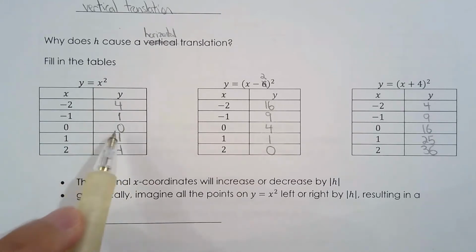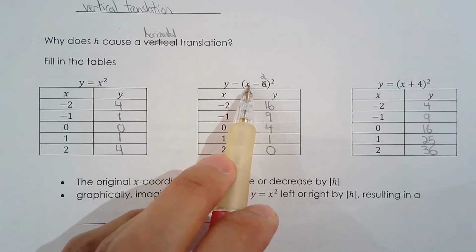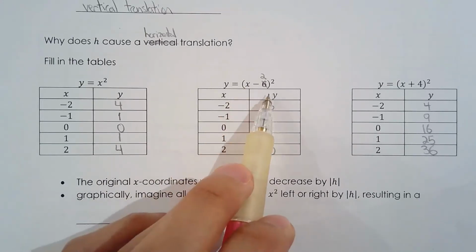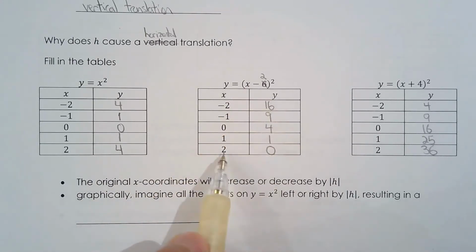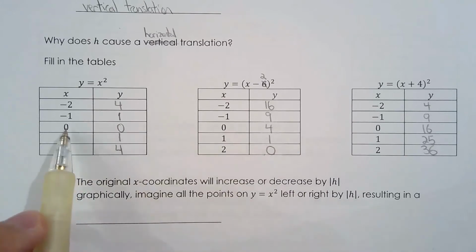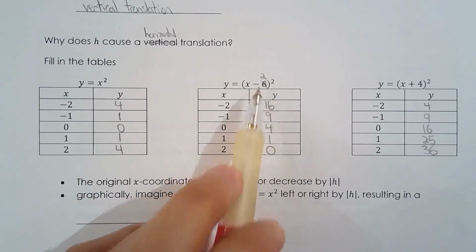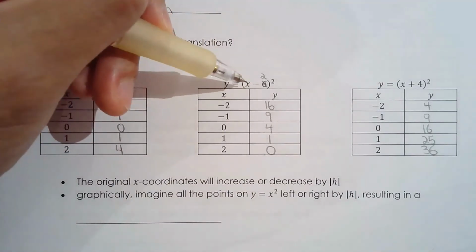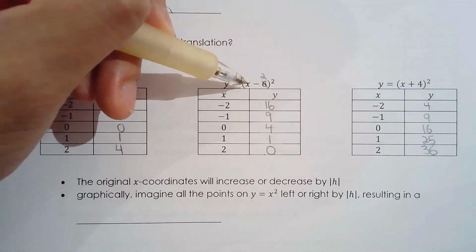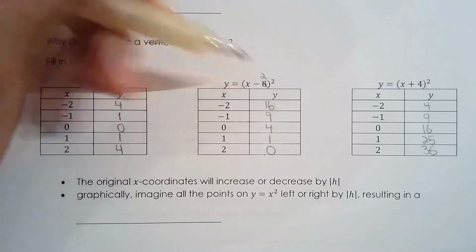If I really want a y value of 0, I can't let x equal 0. In fact, how do I get a y value of 0? Well, if I look at the table, I can get a y value of 0 if I let x equal 2. Wait a minute. For here, I let x equal 0 and I get 0. For here, I need to let x equal 2. In fact, if I want to get the exact same y value, I need to increase the value of x by 2.